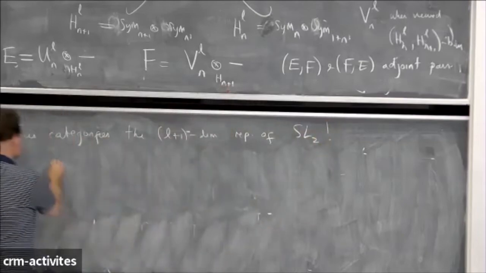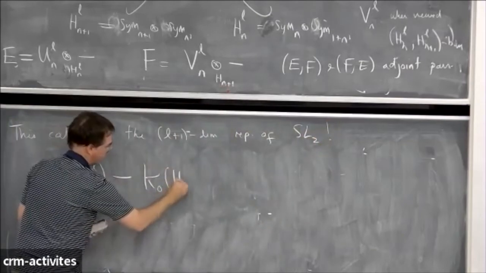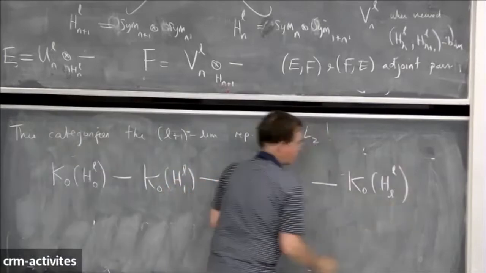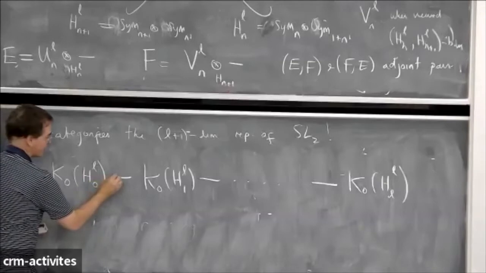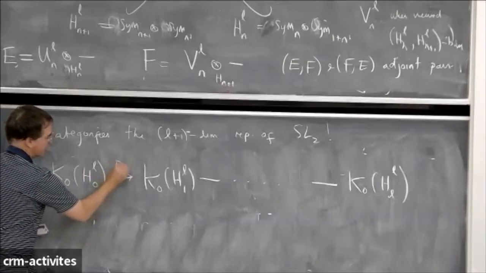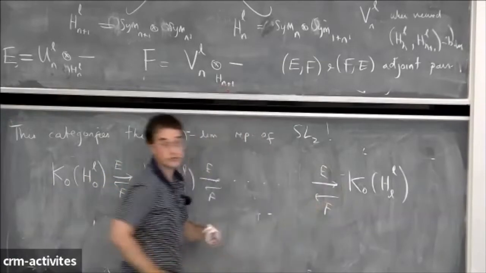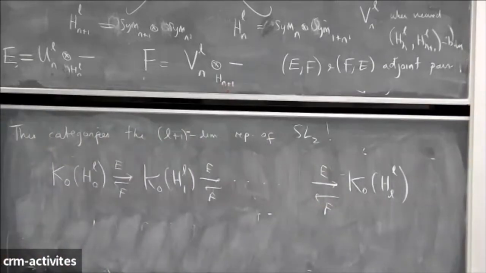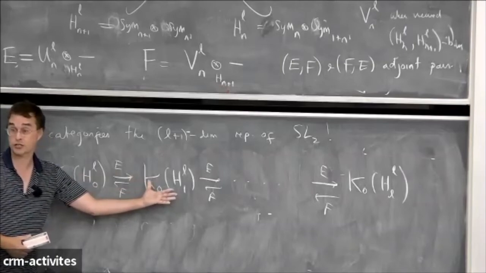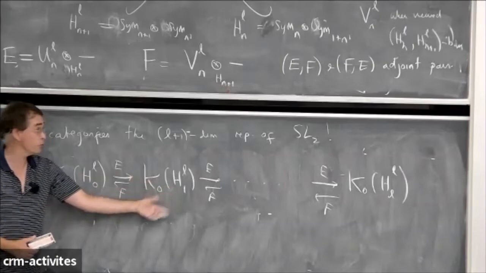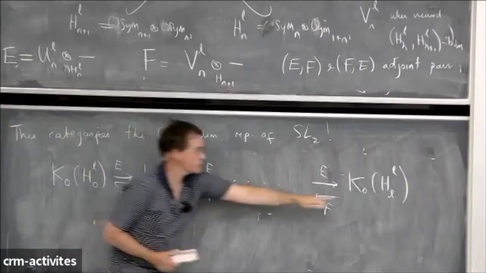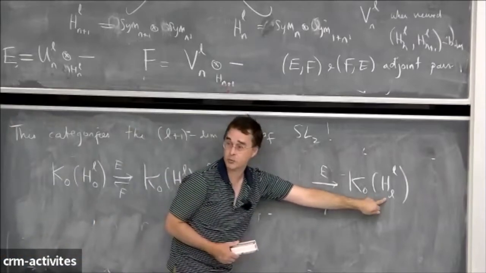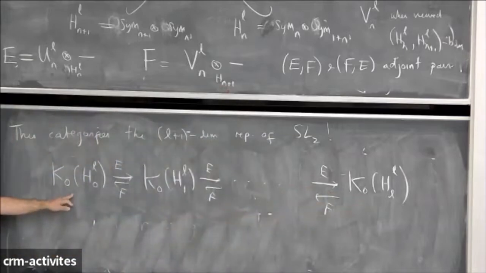So if you pass to Grothendieck groups of all these algebras for all n, all of those Grothendieck groups are just free of rank 1, and we've got these functors E and F from tensoring with these bimodules that I set up. At the level of Grothendieck groups, you can see that the commutator relations are just the commutator relations of SL2, acting on its standard irreducible representation. This would be the highest weight space of highest weight L. This would be the lowest weight space of lowest weight minus L.